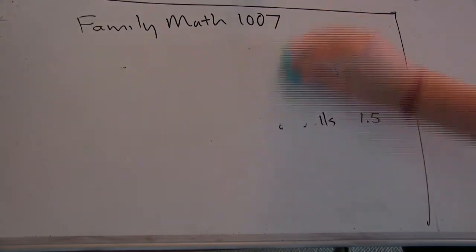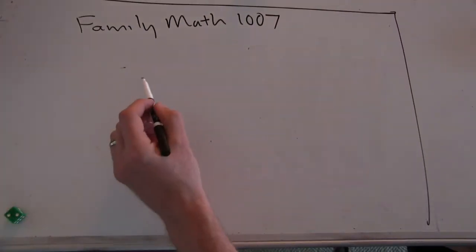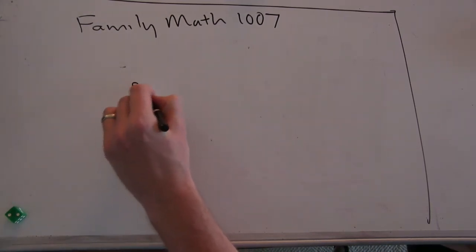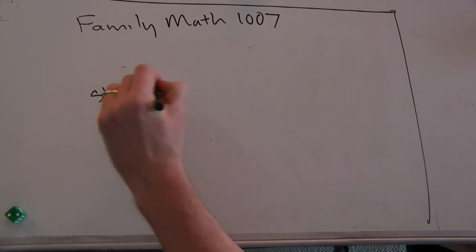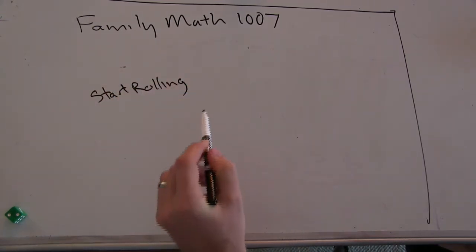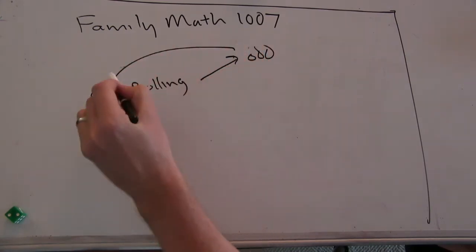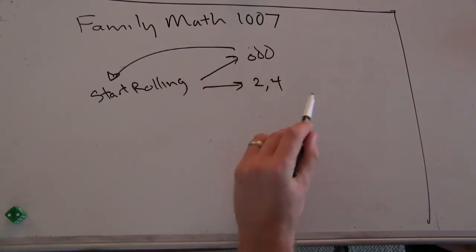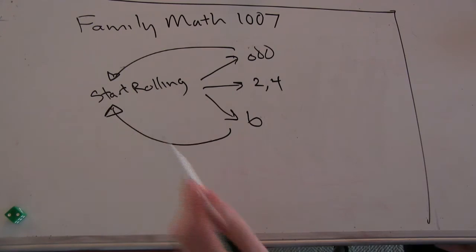When we did our computer program, we basically said you start rolling. An odd number, go back to the beginning. 2 or 4, you keep going. And then a 6, you're done, and you can just go on to the next trial.